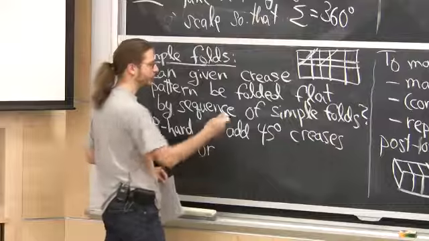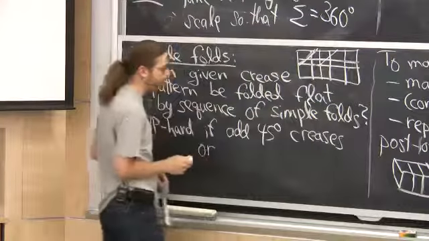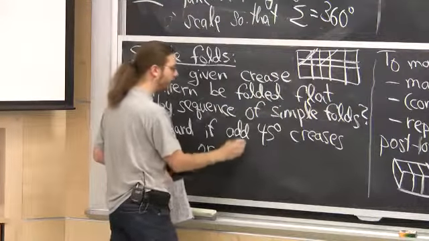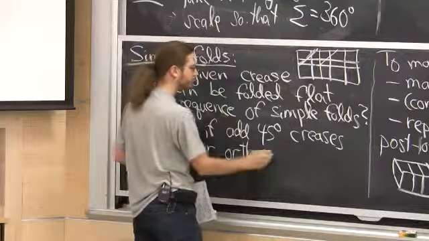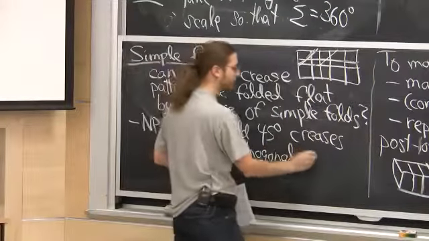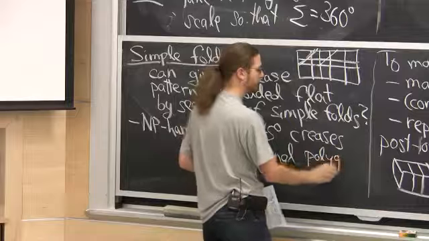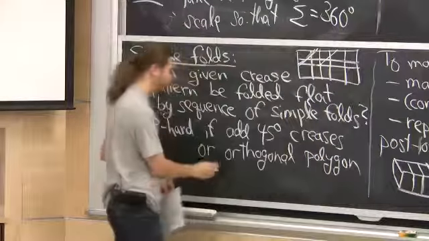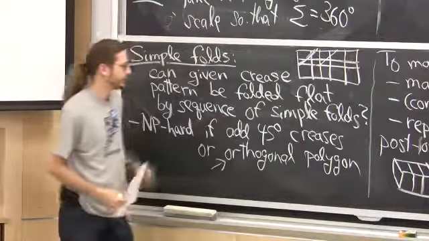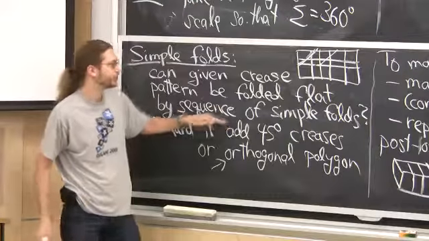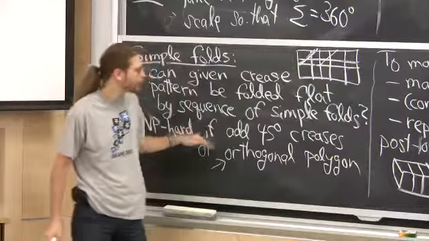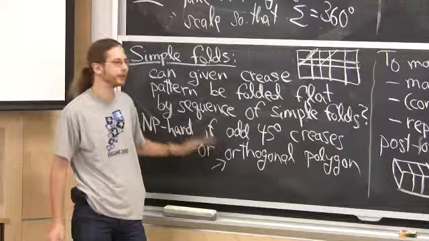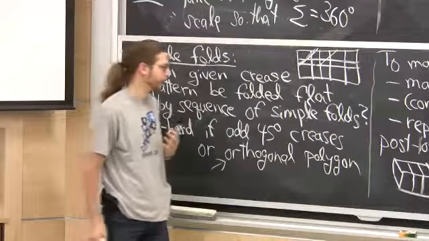Another version that's hard, if I keep all the creases horizontal and vertical, but I make an orthogonal polygon instead of just a rectangle, then it's also NP-hard. I'm going to show this one because it's easier, but this actually just converts. You can set up 45-degree folds so that you are forced to make a particular orthogonal polygon to get started, and then it's the same proof.